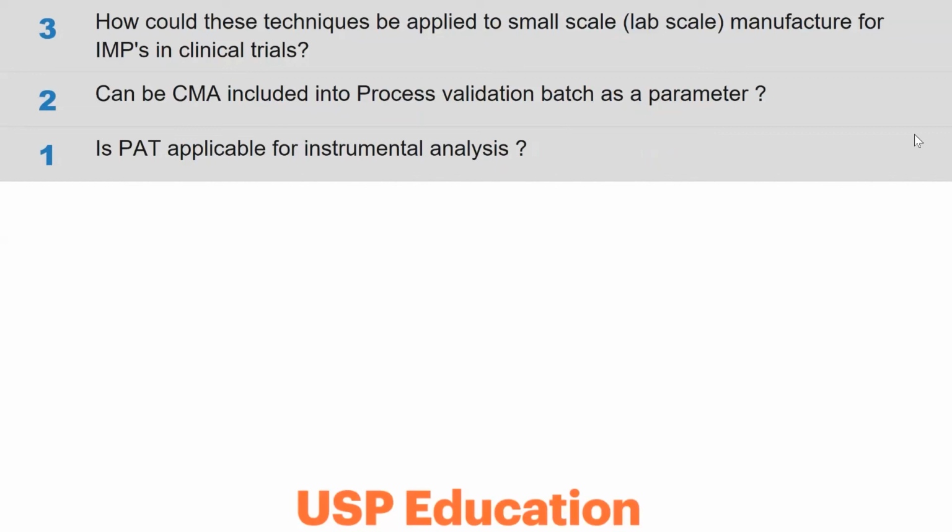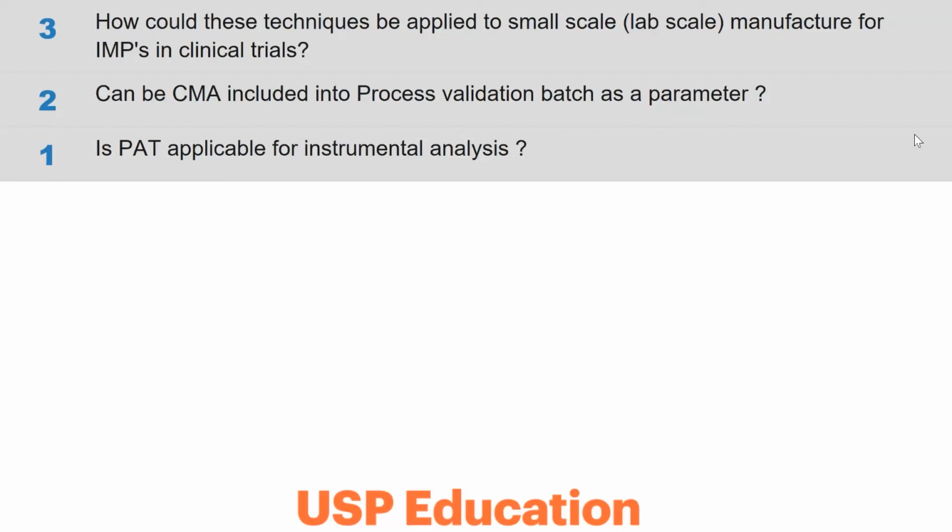Can critical material attributes be included into process validation batch as a parameter? One of the big things that has come out of the push for continuous manufacturing is that we're seeing a lot of companies developing databases of critical material attributes so that they can easily substitute one for another.